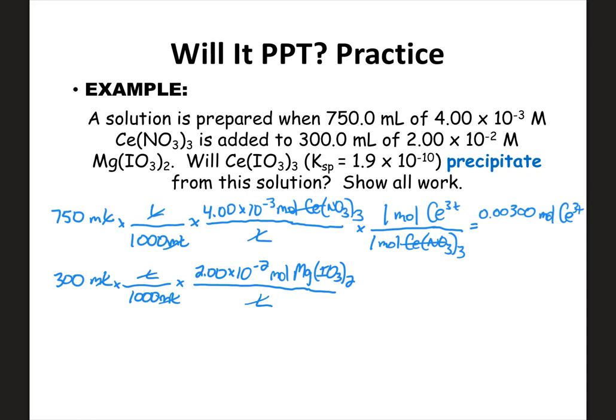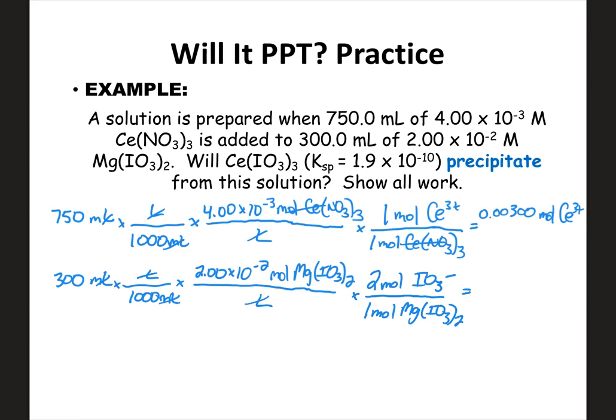I'm now in moles of the compound, but again, I need moles of the IO3 minus ion because that's what's involved in my precipitate. So I know now that for every 1 mole of the compound, the Mg(IO3)2 here, there are 2 moles, according to the formula, of the IO3 minus.